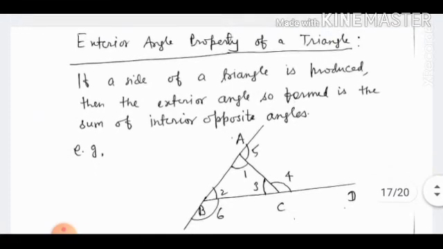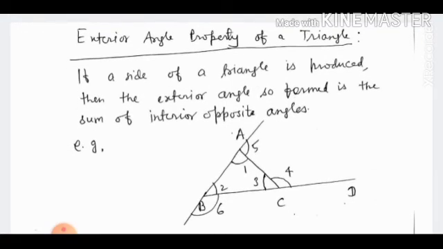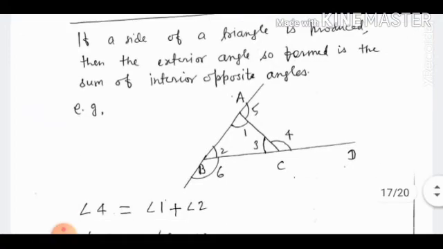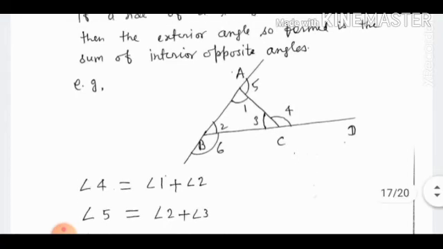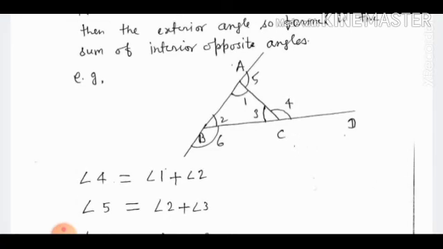If a side of a triangle is produced, then the exterior angle so formed is the sum of interior opposite angles. You can see here triangle ABC, the sides are produced. The side BC is produced, then we have angle 4 and angle 4 is angle 1 plus angle 2. Also here you can see side BA is produced, we have angle 5, this is exterior angle.